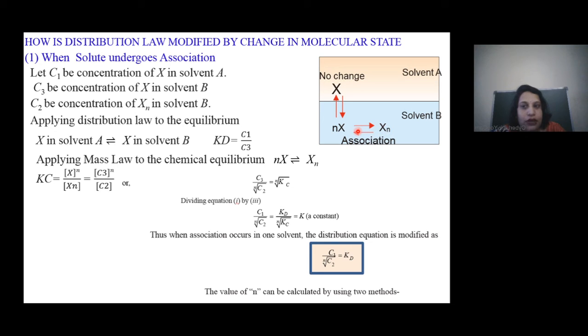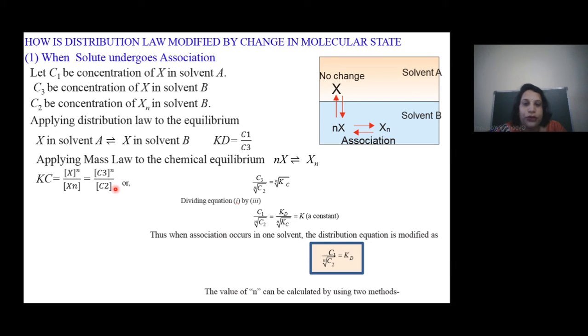The concentration of X in B is C3, so C3 to the power N, and the concentration of XN is C2. We take these in solvent B because this chemical equilibrium exists in solvent B. C2 is the concentration of XN, and C3 the concentration of X molecules. So we can write this down.